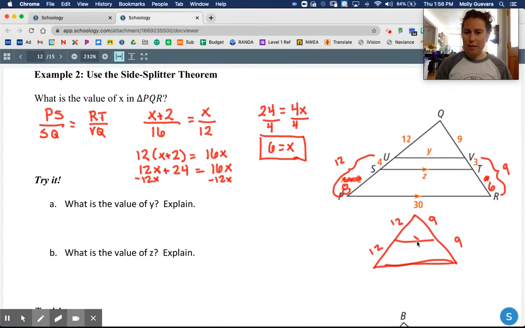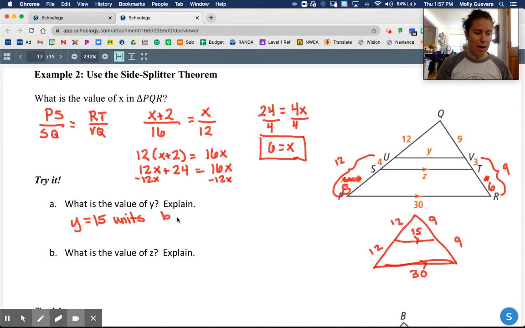So that automatically means these are parallel, and whatever this is, this one is twice that. Let's fill in the bottom one too. This is 30. Because of the triangle midsegment theorem, this is half of 30, which is 15. So the value of y is 15 units.